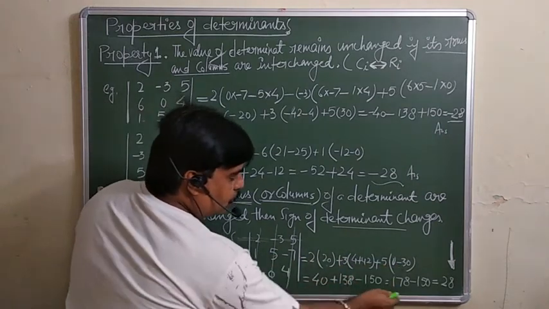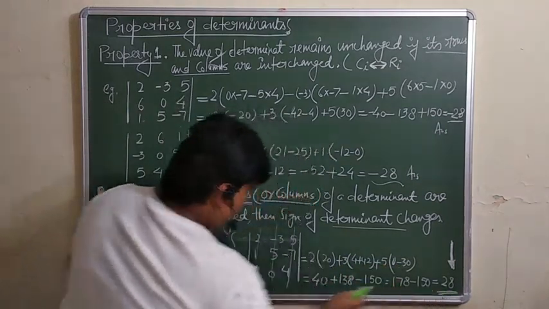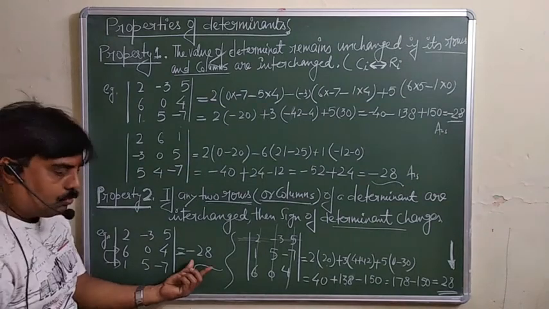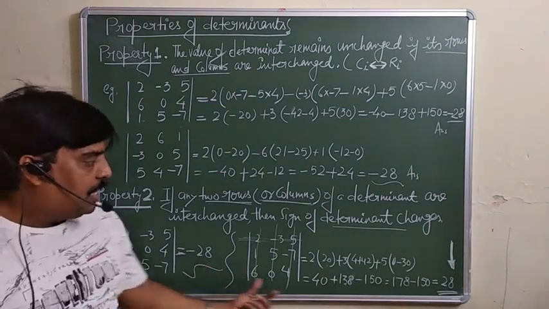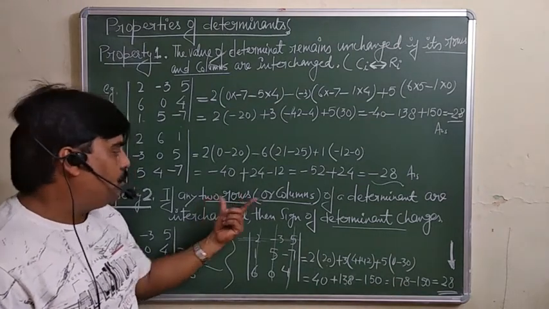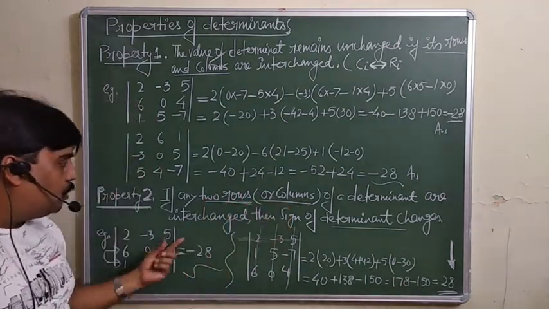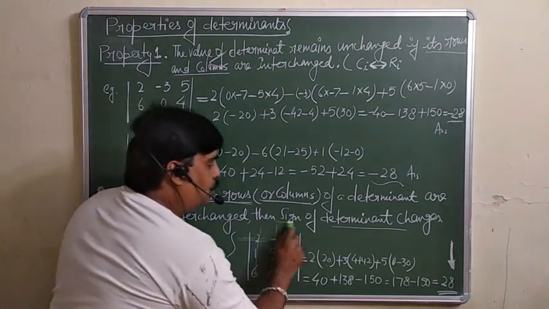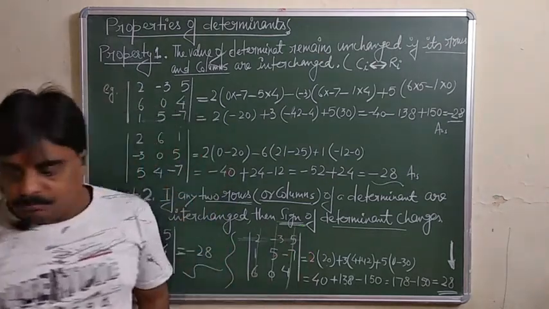Finally you are getting 28. So before you were getting minus 28, here you are getting plus 28. So if we change any two rows or two columns, the sign of the determinant is going to change. Have a look.